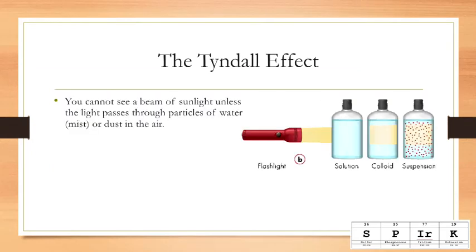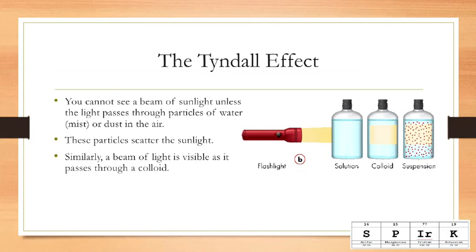The Tyndall effect is our next topic, and you cannot see a beam of light unless the light passes through particles of water or mist or dust in the air. As I talk through this, make sure you're looking over here on the right side, the solution, the colloid, and the suspension. These particles scatter the sunlight.